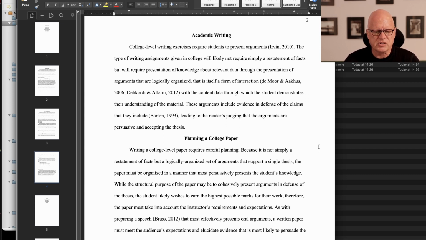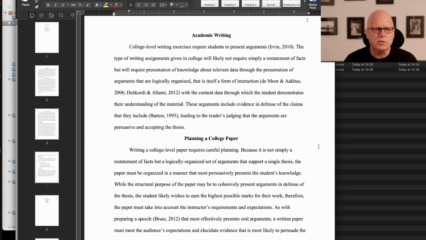The type of writing assignments in college will likely not just require the restatement of facts, as is common in high school papers, but will require the presentation of knowledge about data that are relevant to the topic and organized into arguments that form an interaction between the data that have been collected, the arguments that the students are presenting, and the thesis that the student wishes to persuade the audience to accept.